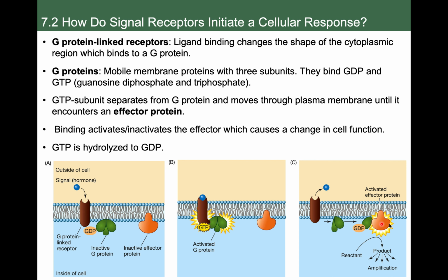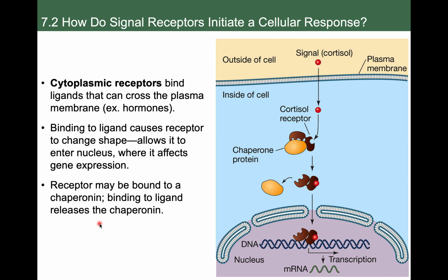And once this downstream protein is activated, you'll notice GTP is converted back into GDP, and the signaling molecule, the ligand, falls off the receptor, and we're basically back to our starting point.